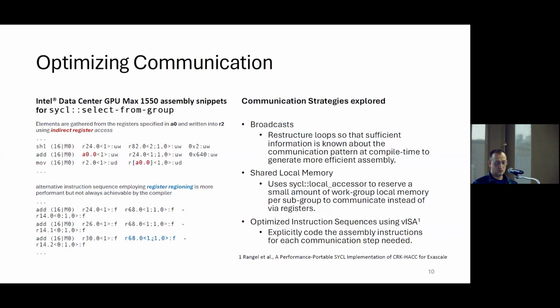The Intel instruction set is a true vector instruction set where the operands can be scalars and vectors, and what you're seeing here in blue is the register regioning syntax for isolating an individual SIMD lane, so a scalar quantity.